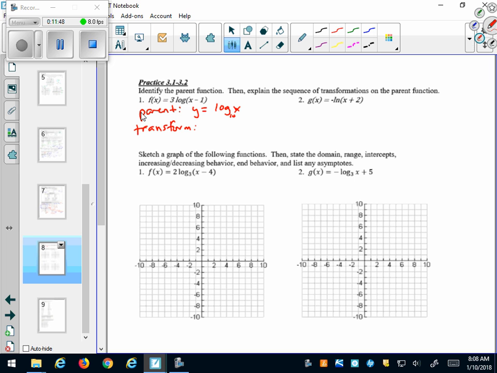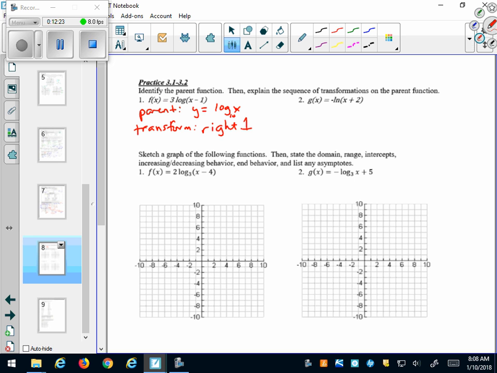Well, they have an x minus 1, subtracting 1 from the x, because there's parentheses around that. So it's literally x minus 1. How is that going to move your graph? To the right 1, exactly. What does the 3 do? There are so many different words for this, but it expands it, it stretches it.